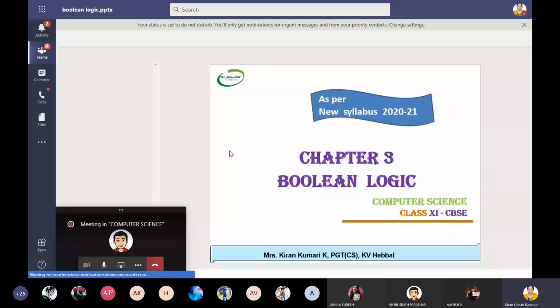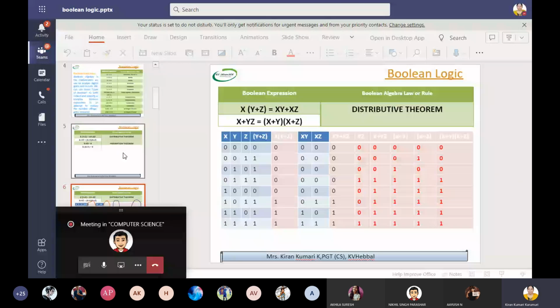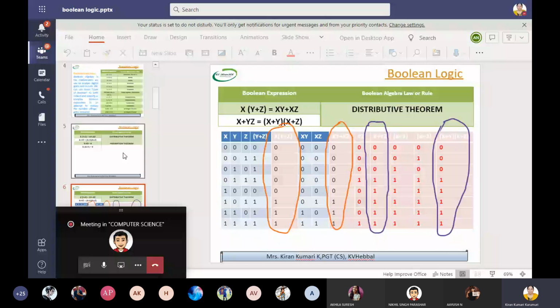That means we can represent all three operations. How many operations do we have? Only three: AND, OR, NOT, and then all the combinations. So all three operations can be done by using NAND alone, or by using NOR alone. That is the reason we call the NAND gate and NOR gate universal gates.